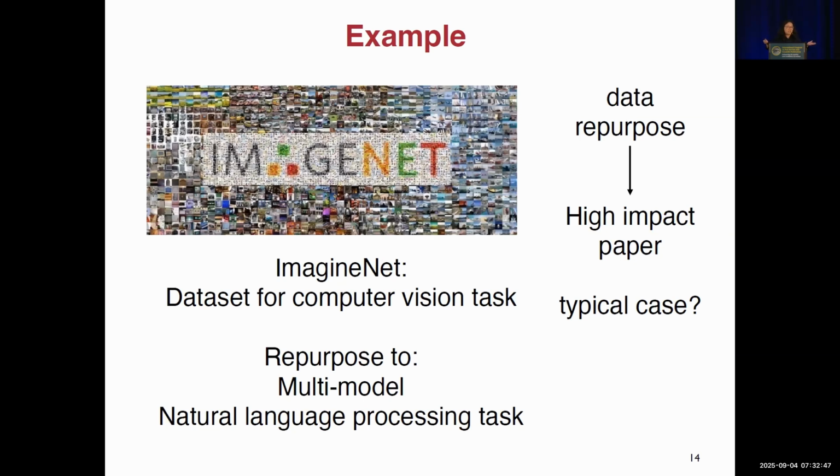But recently, it has been repurposed to a lot of tasks in natural language processing, where people use those images to generate a paragraph, or write a paragraph and want to generate an image. This counts as a pretty successful case of data repurpose because the multimodal field is very hot nowadays. So we ask, is this a typical case?